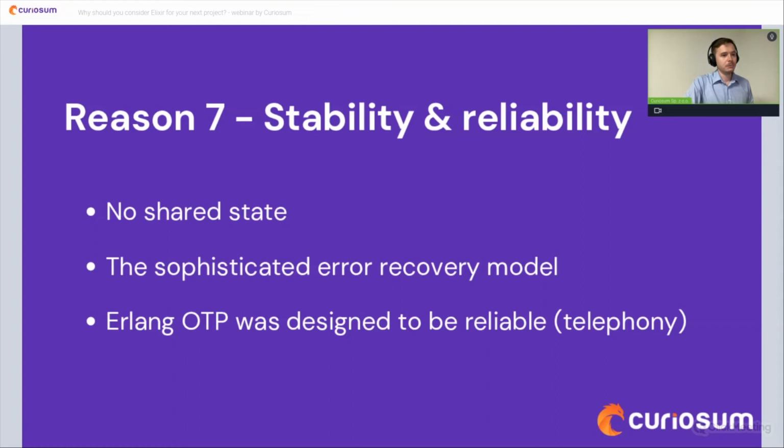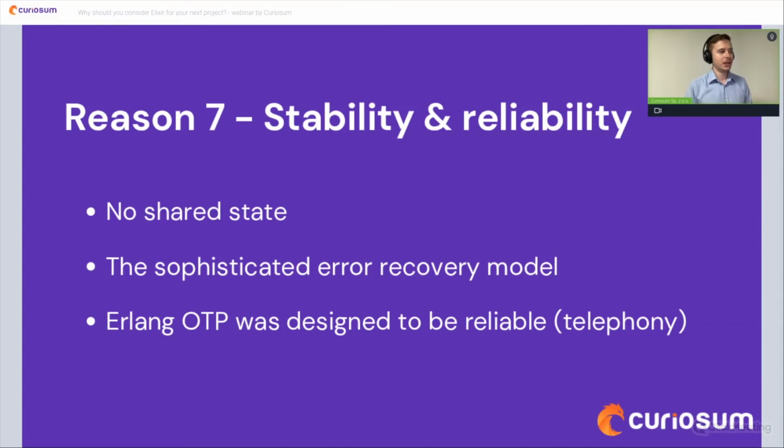And the most important thing here is that Erlang was actually built to be reliable, because the authors of Erlang had to create a system that would work well for telephony. As you know, telephony is something that should work, basically.